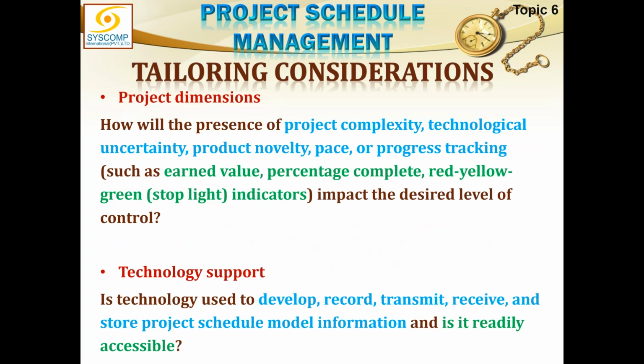Dimension means how will the presence of project complexity, technological uncertainty, product novelty, pace, and progress tracking, such as earned value, percentage complete, or whatever system indications you are using, impact the desired level of control. So what kind of control you are trying to exercise. Then there's technology support. Is technology used to develop, record, transmit, receive, and store project schedule model information, and is it readily accessible?